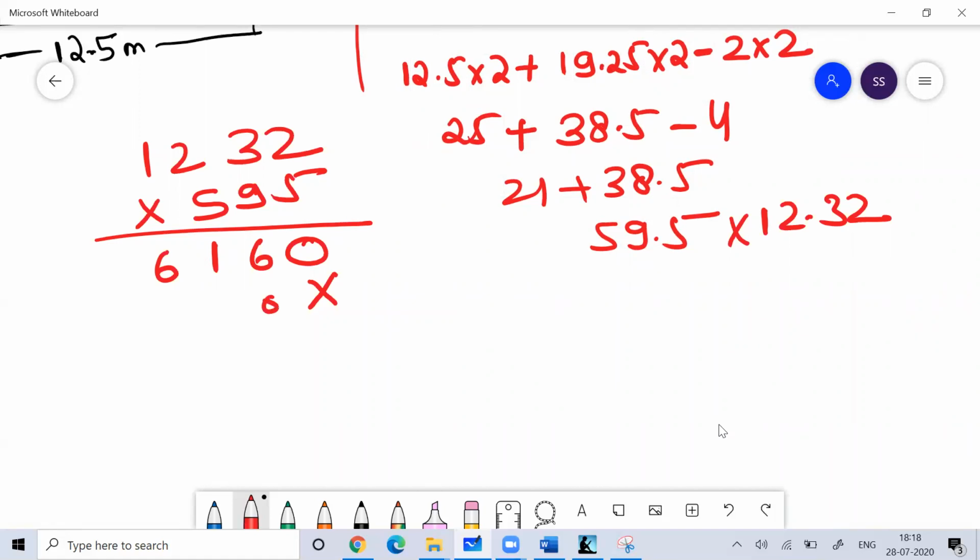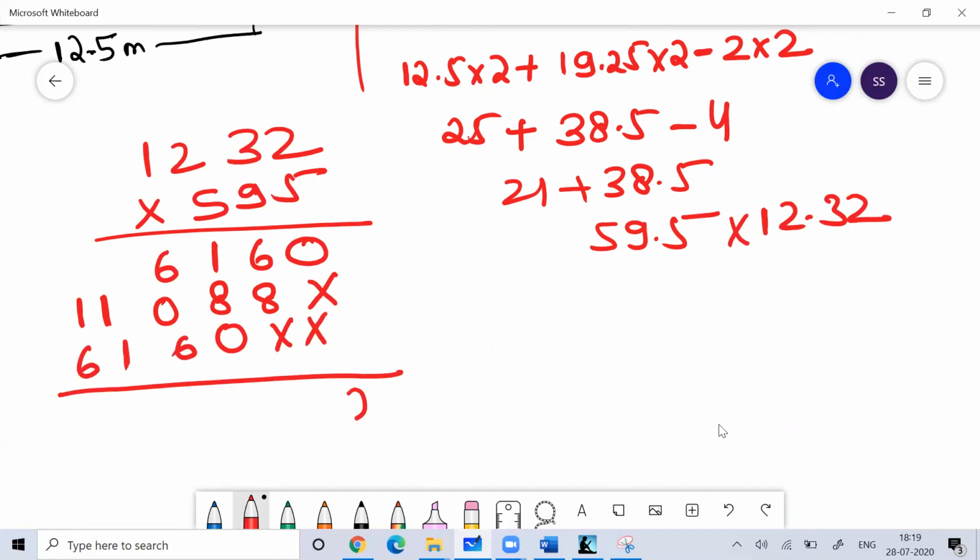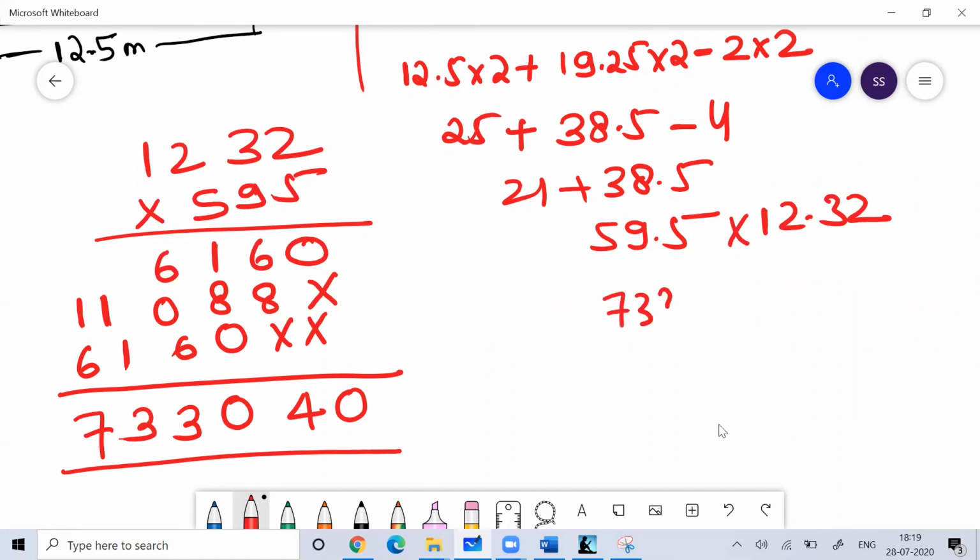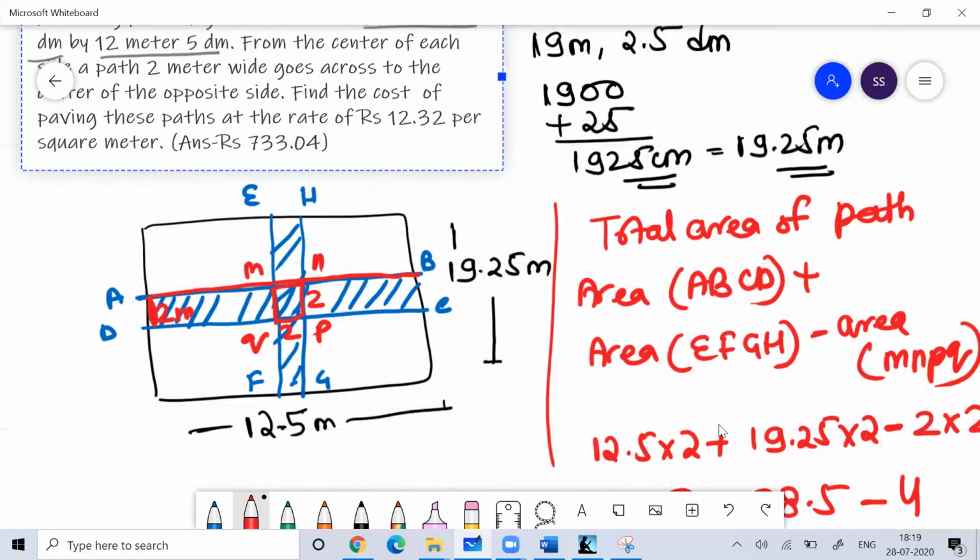Then 9 twos are 18, 1 carry, 28, 2 carry, 18, 22 carry, 9, 11. Then this is 6160. Then with 3 decimals, this is 733.04. This should be in rupees. This should be the cost. 733.04.